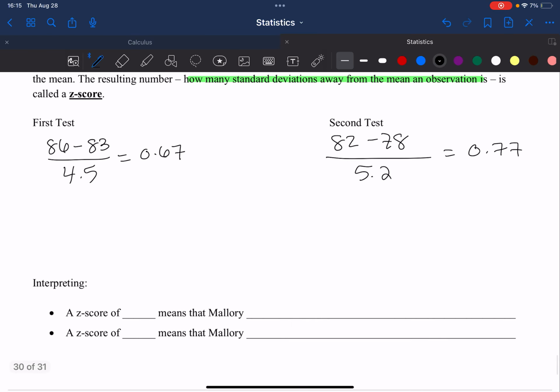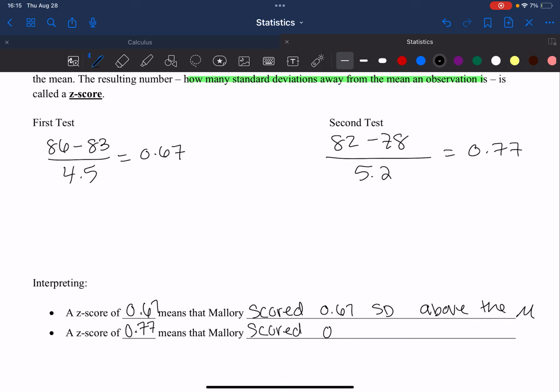So if we were to interpret this, a z-score of 0.67 means that Mallory scored 0.67 standard deviations above the mean. And a z-score of 0.77 means that Mallory scored 0.77 standard deviations above the mean.